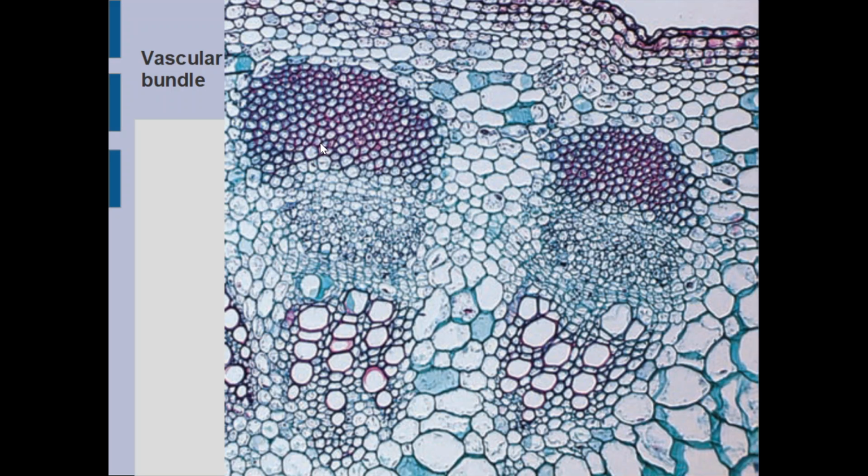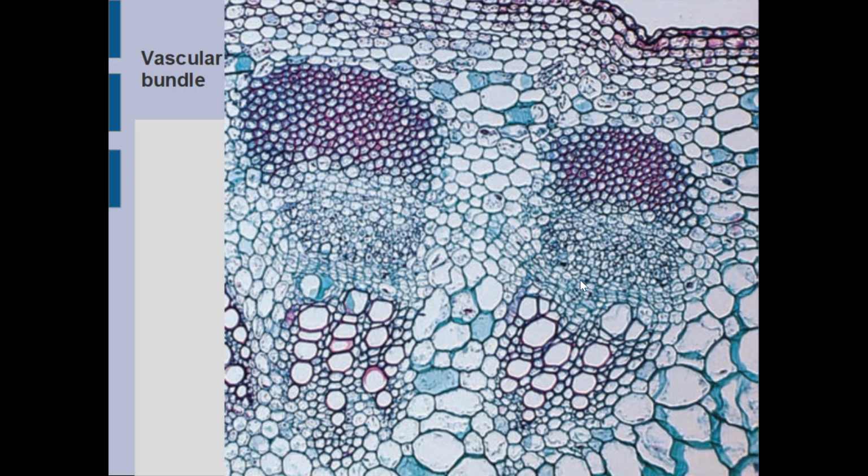Actually this is epidermis here, and then this layer is a cortex, then the vascular bundle, this is a large vascular bundle with a phloem. So this is the phloem, and this is xylem. So phloem is for organic substances, xylem is for the water and minerals.